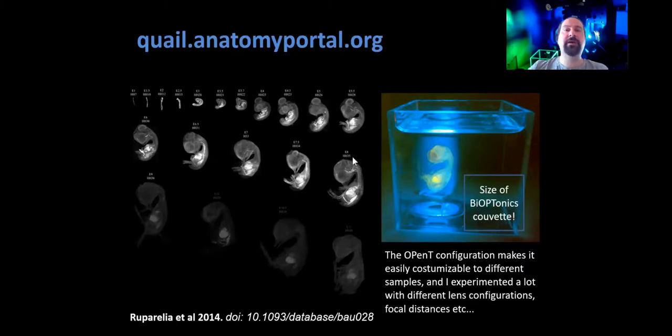So they had to stop by about the 9th day, I believe, because it was simply not possible to put the whole embryo inside the very small cuvette that you had on these old OPT scanners.